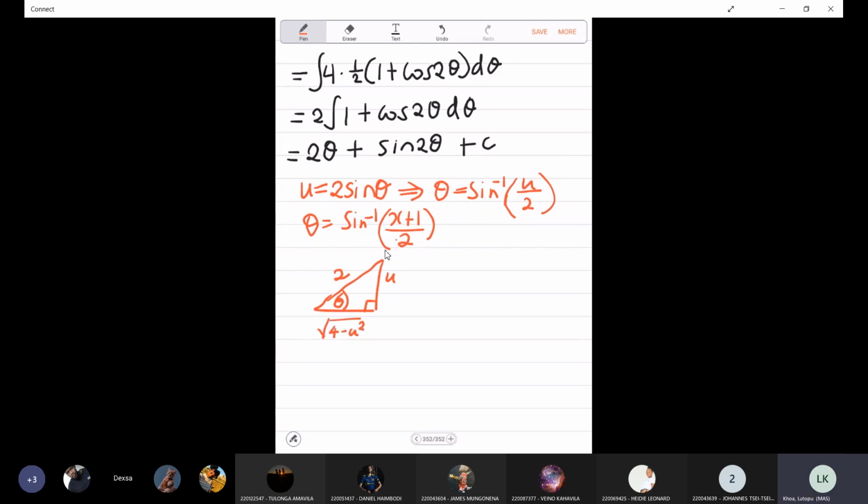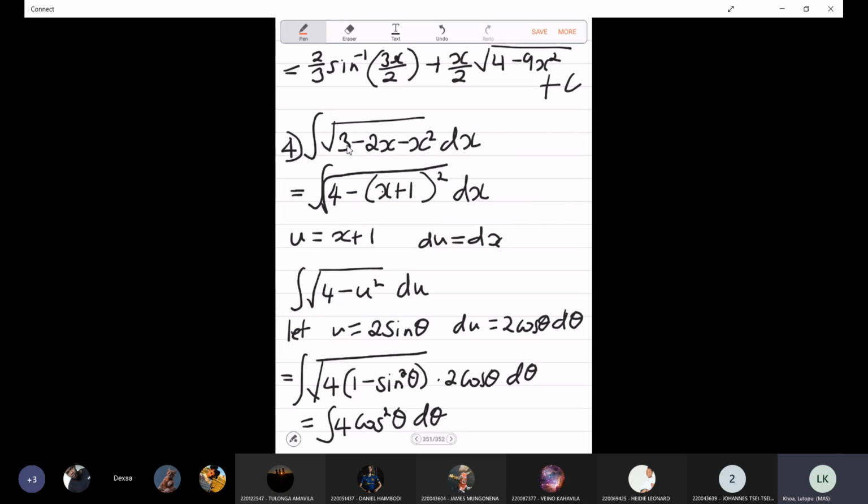From here we can rewrite this in terms of x. This is x plus 1, and this is the square root of 4 minus x plus 1 squared. And this 4 minus x plus 1 squared, you can also just write as 3 minus 2x minus x squared, because when you expand the brackets here, you end up with what you started with.